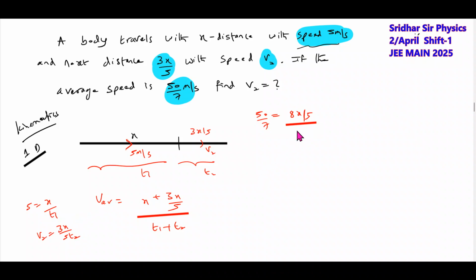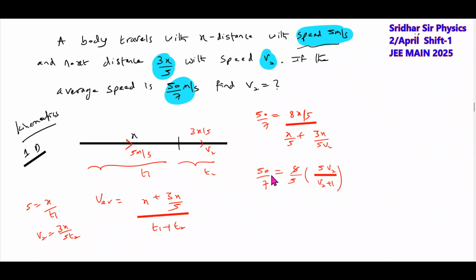So now t1 will be x by 5. t2 will be 3x by 5v2. x will get cancelled out. 50 by 7 times 8 by 5 equal to this, with 5 here and 5v2 here, v2 plus 1. So solving for v2.